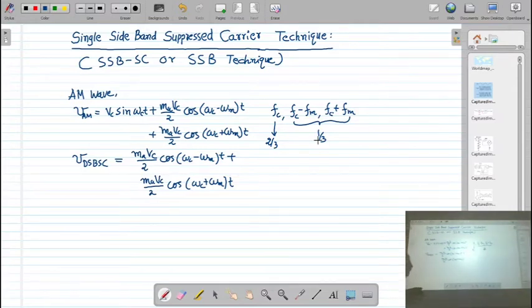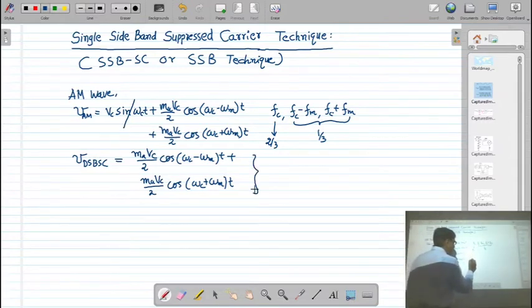So basically we know that the carrier is not carrying the information; the information is carried only by the sideband frequencies, and that's why in the DSBSC technique the carrier is going to be suppressed, means the carrier is not going to be transmitted. Only the lower sideband frequency and upper sideband frequency carry the information.